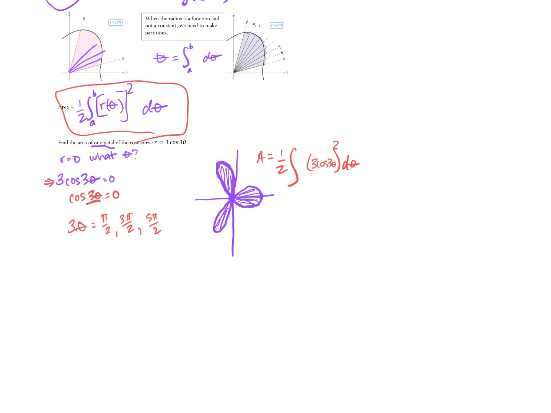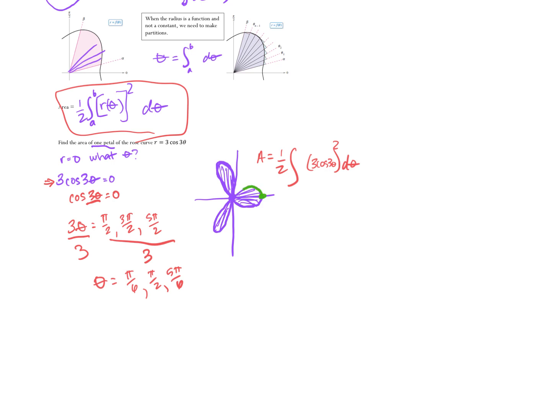So if I go ahead and divide all of those by 3, because the angle inside our cosine is 3 theta, not theta, we get theta equals pi over 2 over 3, which is pi over 6, 3 pi over 2 over 3 is pi over 2, and 5 pi over 6.